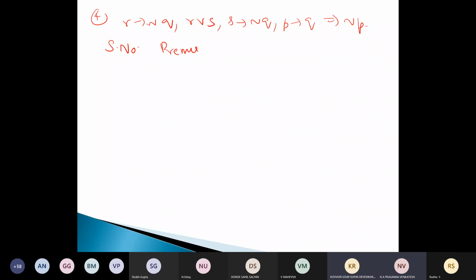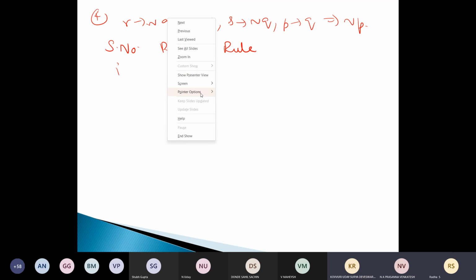Yes, ma'am. Okay. So first we have to write the indirect method statement you have tried, then go for the proof.